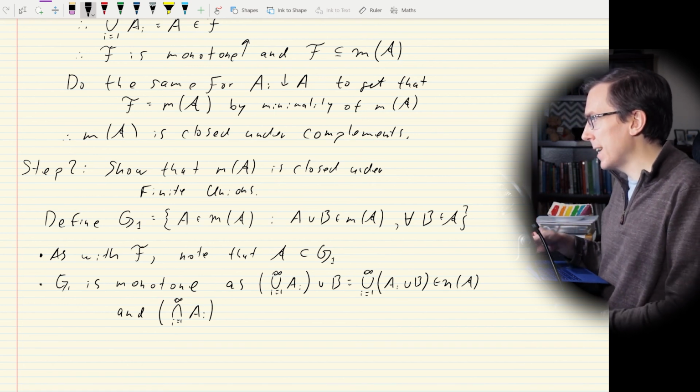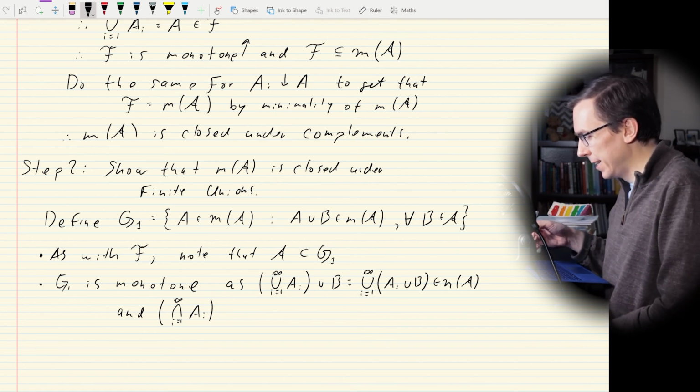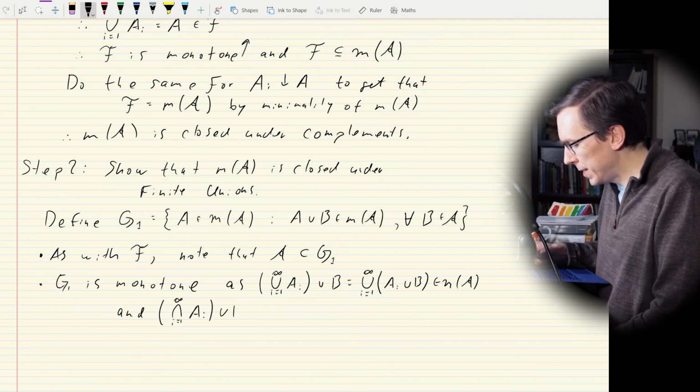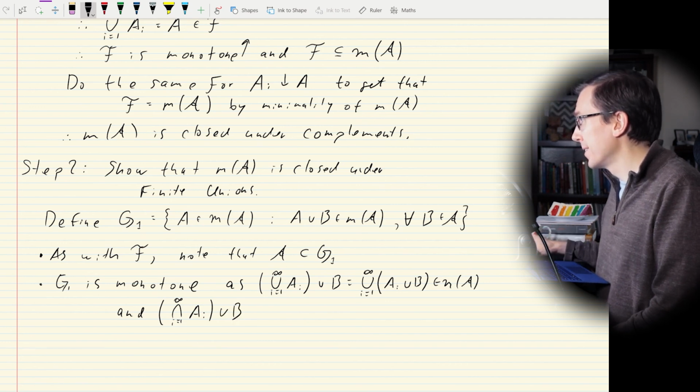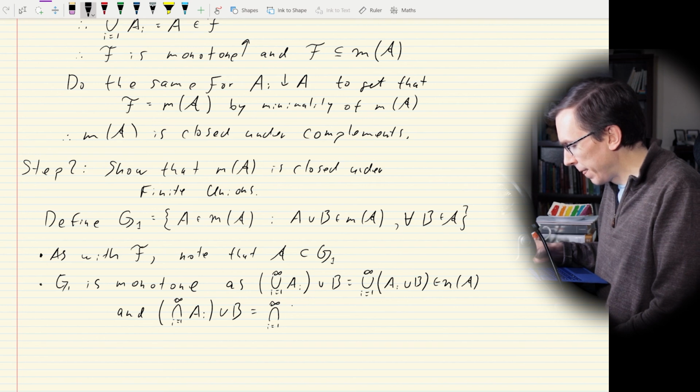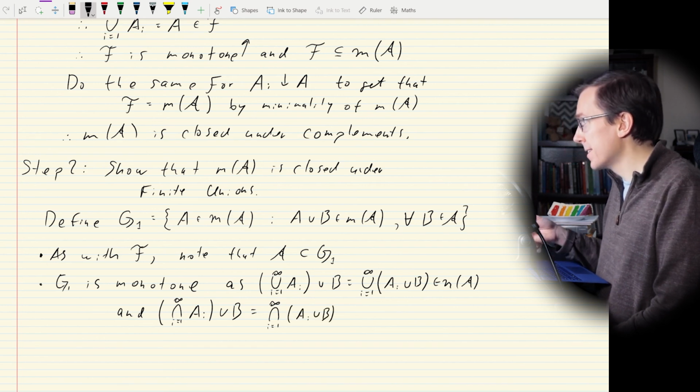We take the infinite intersection, we want to show that we can union it and still be in the monotone class with an element B. So what we do is we union it with B. Then we just have to, well, I guess not actually work that much harder. We just note that this is the infinite intersection of A_i union B in the parentheses.